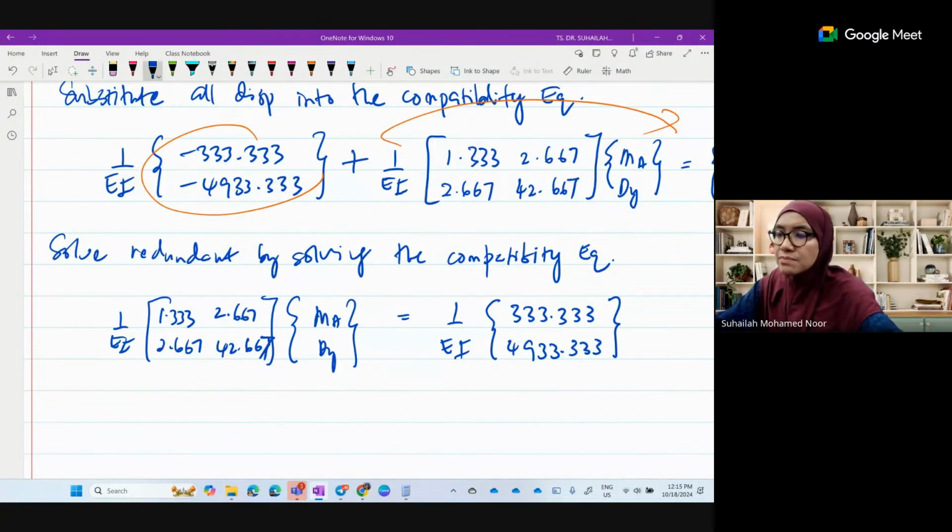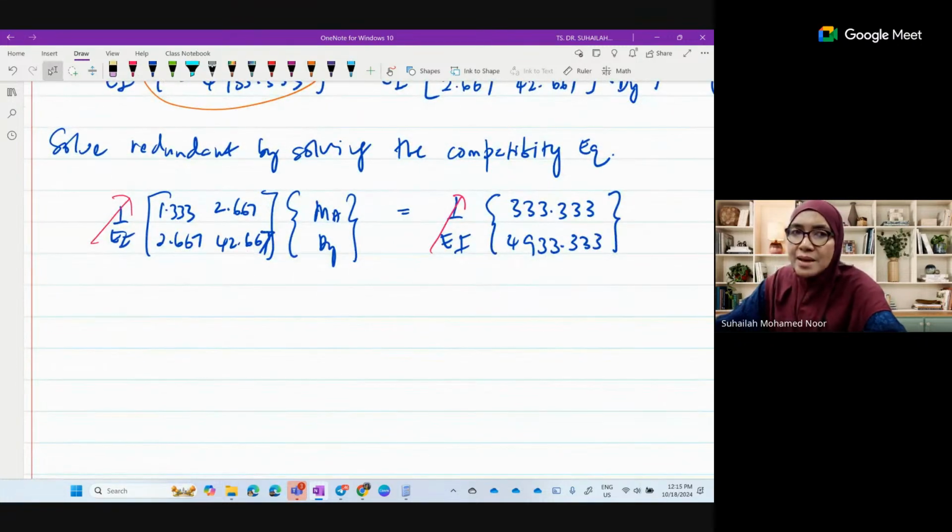Okay, so ni kita dah susun balik. So EI ni cancel, EI ni cancel kan? Cancel. So it is just like when we use calculator, dia boleh pakai dua lah, matrix dengan simultaneous equation. Ni kan asalnya tadi kan simultaneous equation. So we use simultaneous equation.